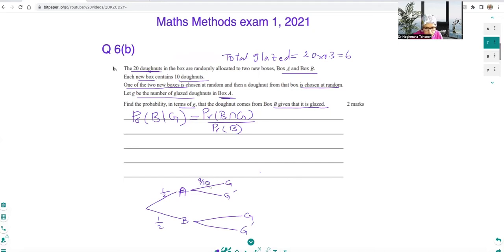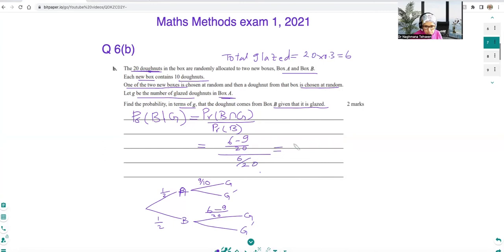So we already selected G there. So that means this probability would be (6 minus G) over the total number of the donuts, which is 20. Okay, so that's what we needed. The probability of B and G would be equal to (6 minus G) over 20, divided by the probability of B, which is 6 out of 20.